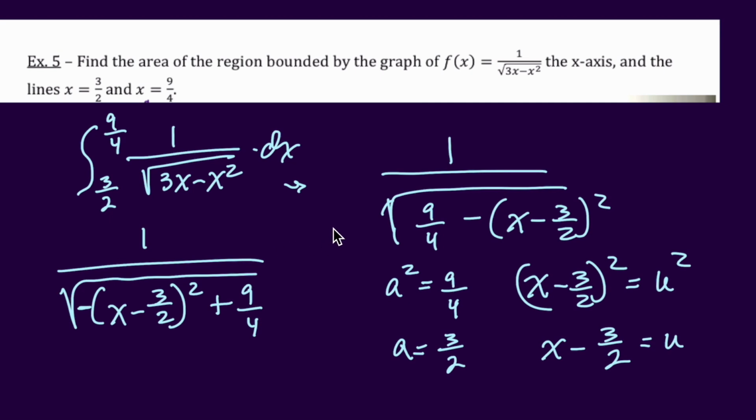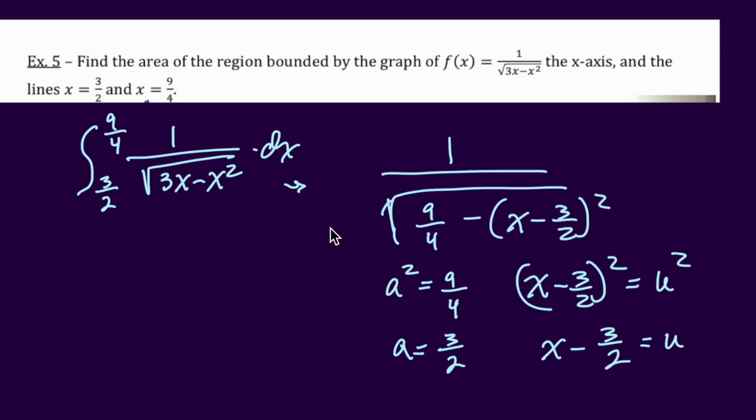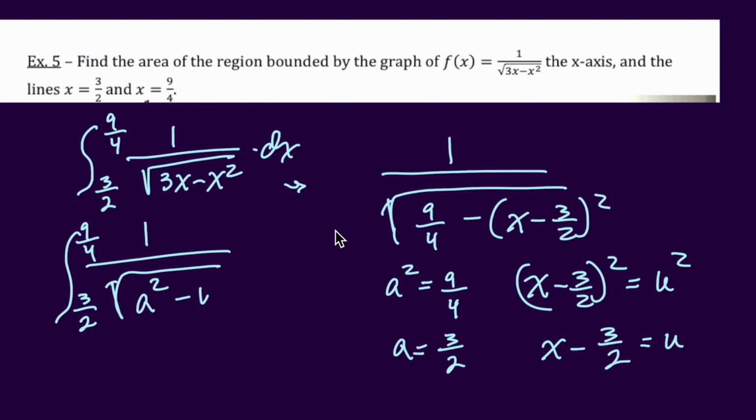So now, folks, if we rewrite this integral, we now have the integral from 3 over 2 to 9 over 4 of 1 over the square root of a squared minus u squared. And that is going to be the inverse sine graph. So let's go ahead and make some room.